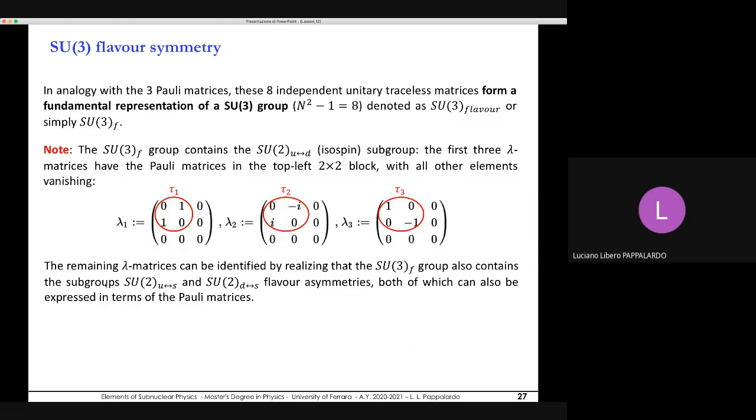The remaining lambda matrices can be identified by realizing that the SU3 flavor group also contains, of course, the other combinations. So this is U into D, but once we add the strange quark, we also have U into S or D into S, both of which can also be expressed in terms of Pauli matrices. So essentially, the isospin group is a subgroup of the flavor symmetry group.